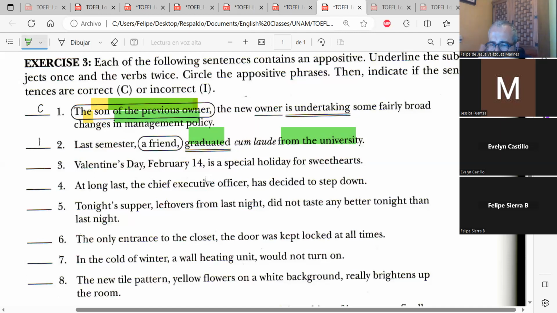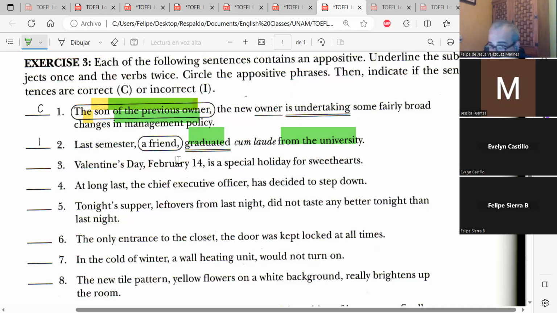There are two options. Well, we can eliminate last semester? No, because if you have last semester, you have two commas, and this is an appositive. You have a verb and you have a complement. We need a subject. A friend here is not a subject because it's between commas. It's an appositive.